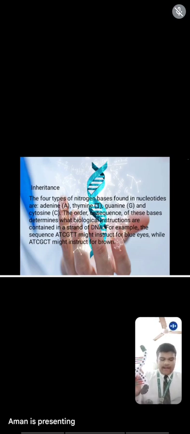For example, a sequence of ATCGTT, that is adenine, thymine, cytosine, guanine, thymine, thymine, might instruct for blue eyes, while ATCGCT, that is adenine, thymine, cytosine, guanine, cytosine, thymine, might instruct for brown eyes. These are actually the codes for DNA.